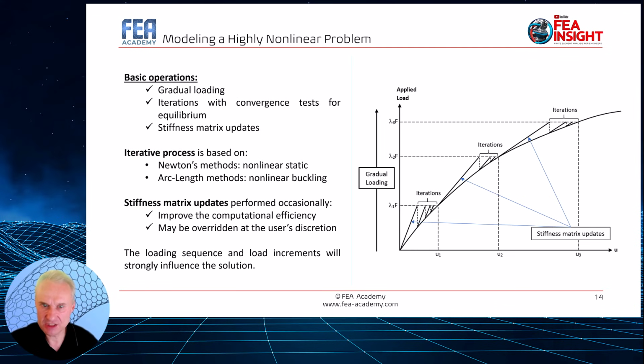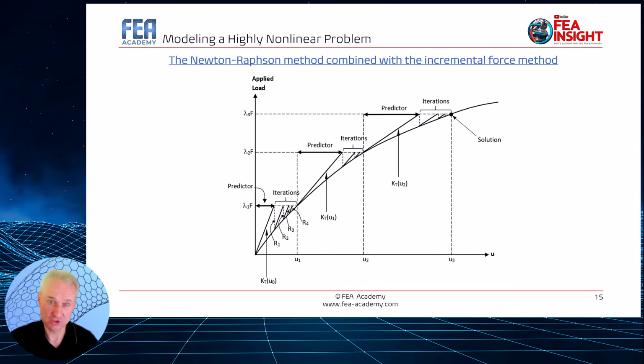So the strategy for a nonlinear solution is based on several factors that will influence convergence in terms of computing time and solution accuracy. The loading sequence and load increments will strongly influence the solution. To summarize the combination of the Newton-Raphson method with the incremental force methods, here I propose this graphic.